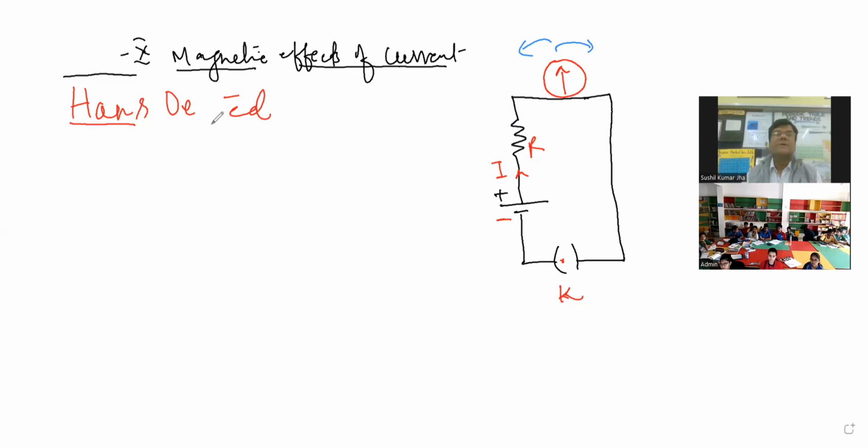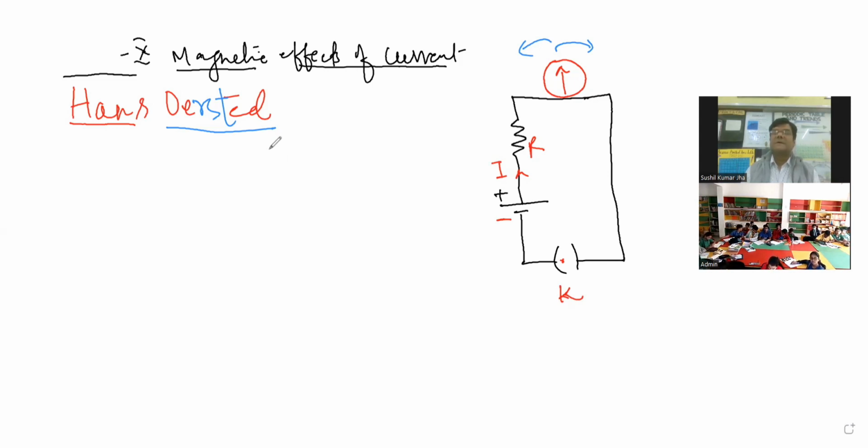So all of you draw this circuit and write this name. Done?